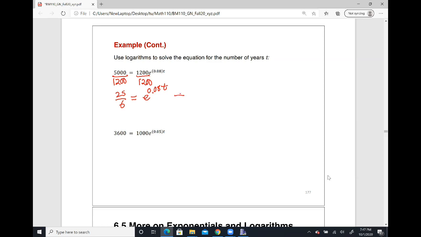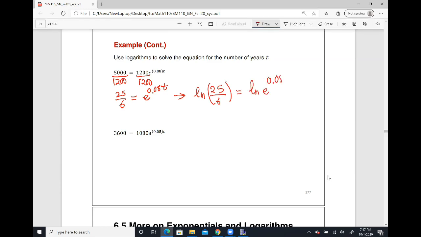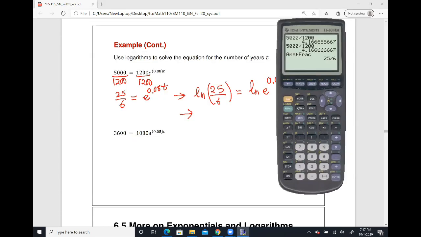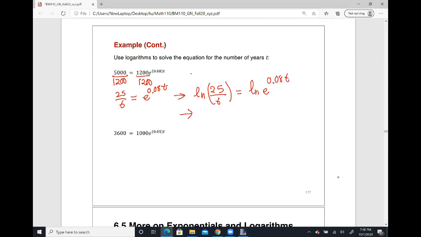So I'm going to apply the first property, the fact one, by taking ln of both sides: ln 25/6 equal to ln of e to the power 0.08t. Now the left hand side is ln of 25 divided by 6, I'm just going to keep it as ln 25/6.